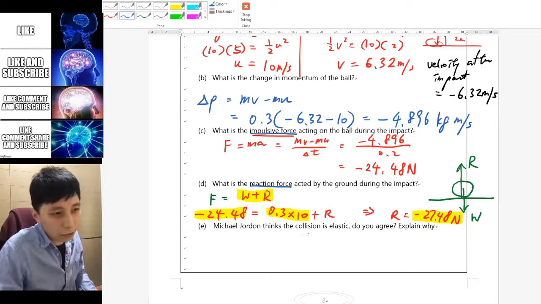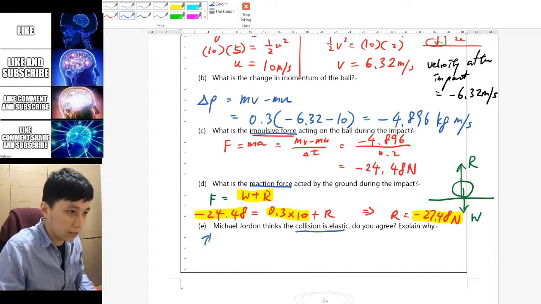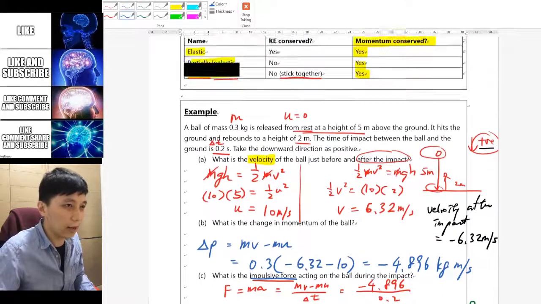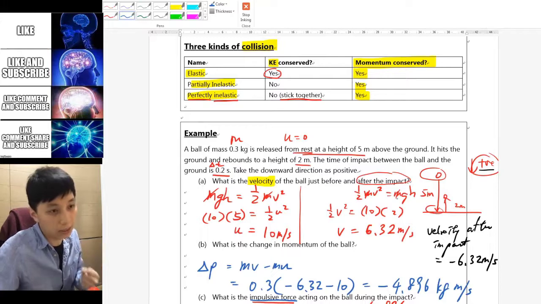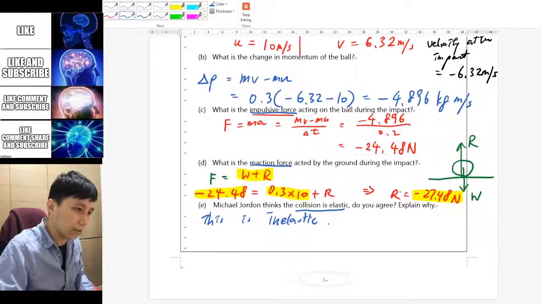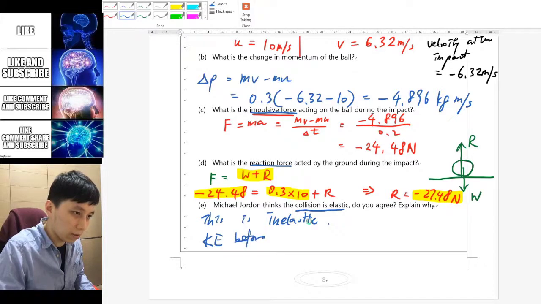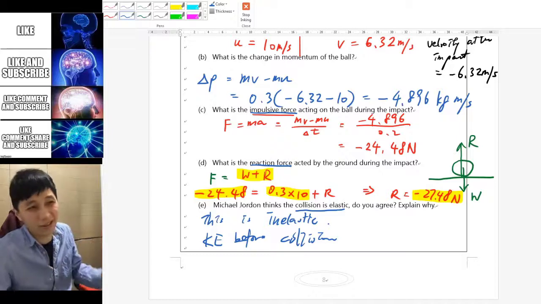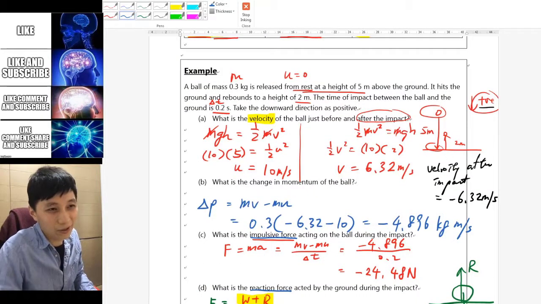Lastly, part E asks you whether or not the collision is elastic, and obviously it is inelastic. Alright, and so you have to explain the reason by talking about whether KE is conserved. So you can say that KE before collision, in fact you don't even need to calculate, you can know, because before collision it dropped from 5 meter, right?